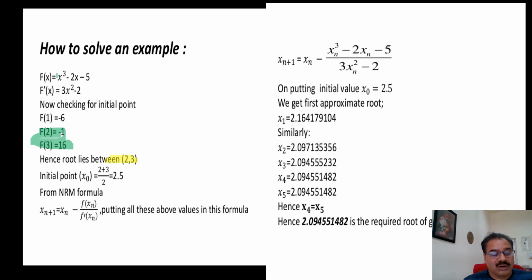The initial value you can take 2.5, you can start from 2.5. Then you will get x1 is equal to 2.1641. Similarly, x2 is 2.0971, then x3 2.094, x4 2.094551, and x5 2.094551. So it is very easy to see x4 is equal to x5, and hence the root is 2.094551.